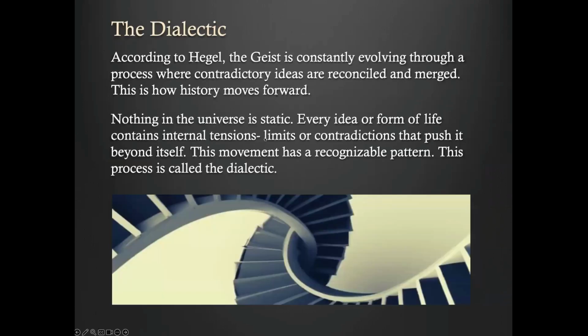It's called the dialectic. And all of you have heard about the dialectic. What is it? According to Hegel, the Geist is constantly evolving through a process where contradictory ideas, and folks, for Hegel, this is all about ideas, very abstract, contradictory ideas are reconciled and merged together.